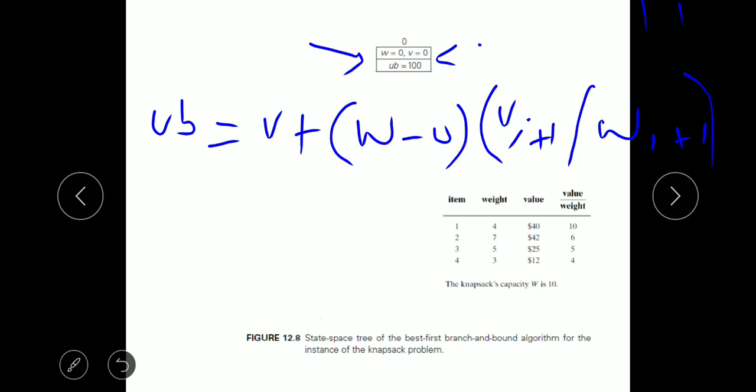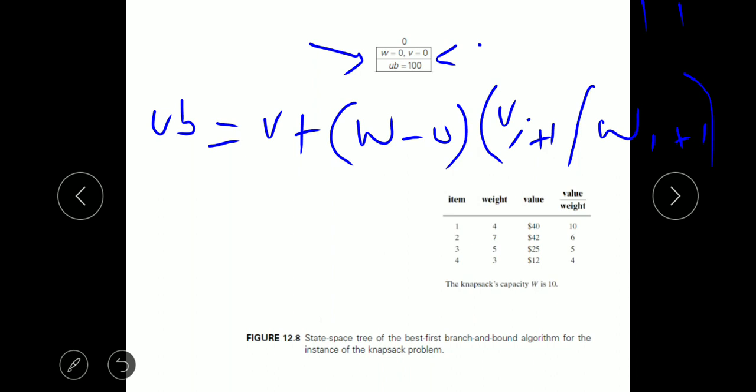Always here we are trying to obtain a maximum upper bound because it's a maximization problem. That is, we want to earn maximum profit out of these objects.